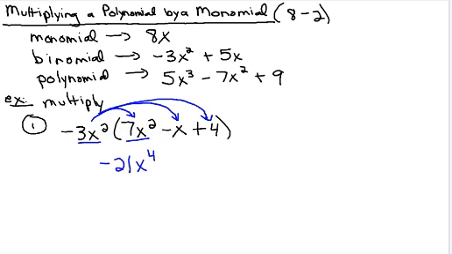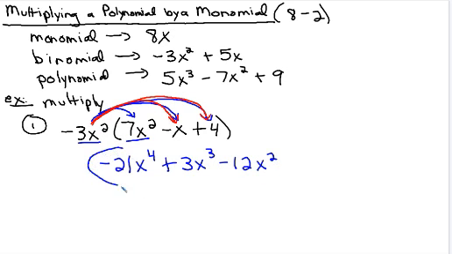Then I have to do this negative 3x squared times the negative x. So that's going to be positive 3x cubed. And I have to distribute one more time to this 4. So negative 3 times positive 4 is negative 12x squared. And that would be our answer to that problem.